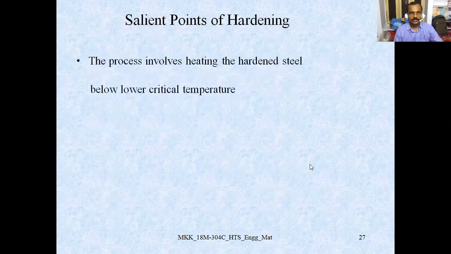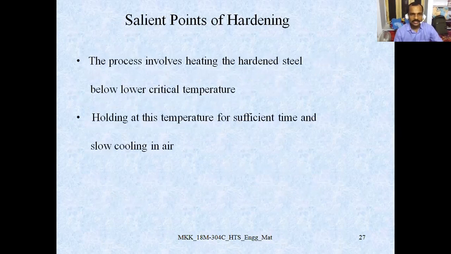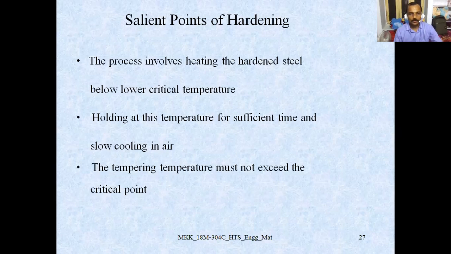This tempering process involves heating the hardened steel below the lower critical temperature, holding the steel at a particular temperature for sufficient time, and slowly cooling, not sudden cooling. It is a slow cooling process. The tempering temperature must not exceed the critical point.